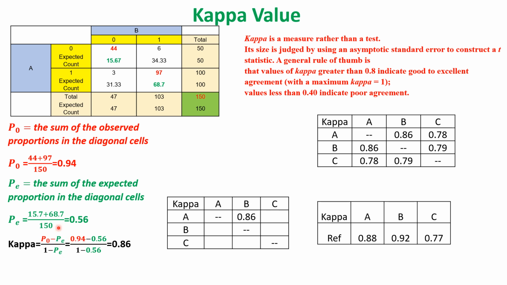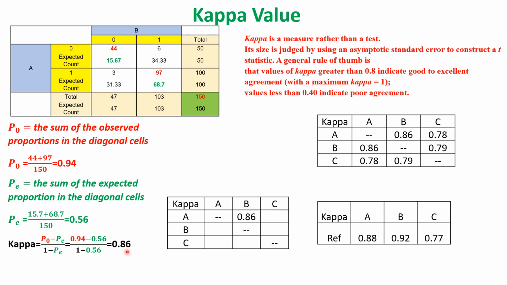What is P? That is the sum of expected proportions in the diagonal cells. So here 15.67 and 68.7, you have to add them and divide by 150. 150 is the total, that is 0.56. So you put it in the formula and you get the result, that is 0.86.